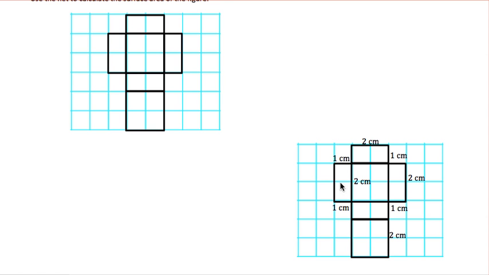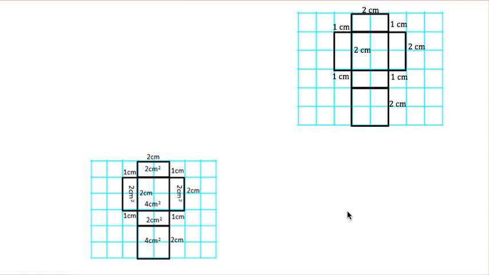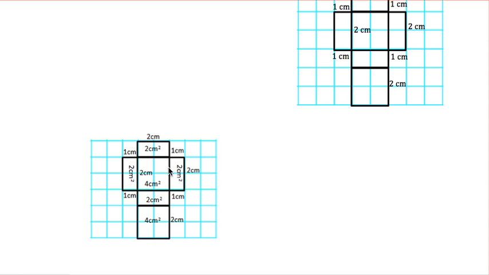Once you have those dimensions marked, you would then want to find the area of each of the rectangles that are marked off. For example, this rectangle up here is 2 by 1, 2 times 1, so it is 2 square centimeters. This square in the middle is 2 by 2, which is 4 square centimeters, and so on. Showing this figure once you're finished.